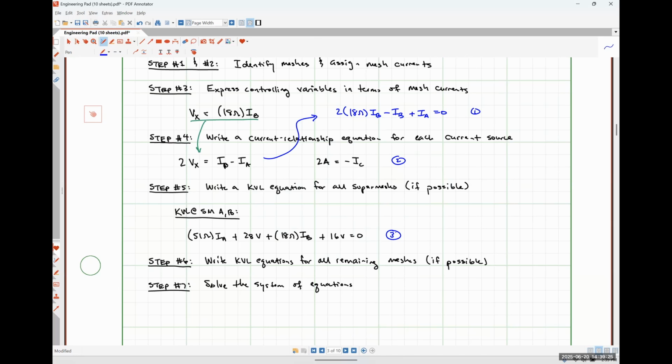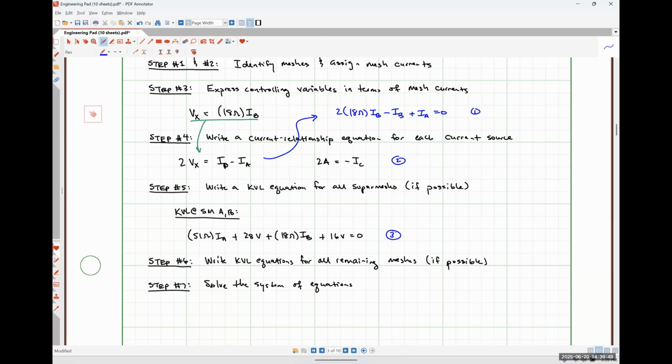And in my third equation, my coefficient for IA is 51. My coefficient for IB is 18. My coefficient for IC is 0. And my constant term is going to be negative 28 minus 16.